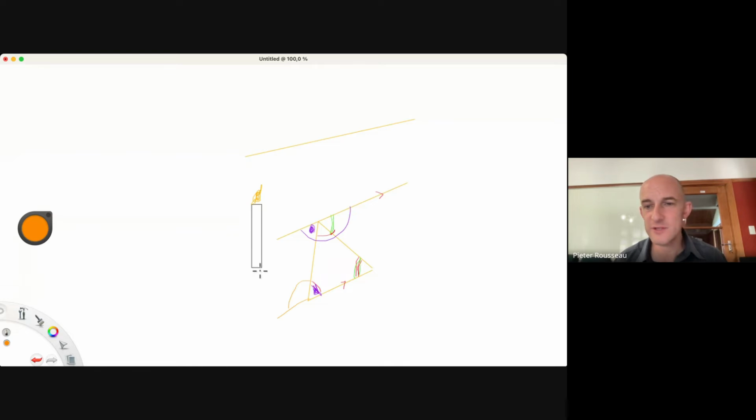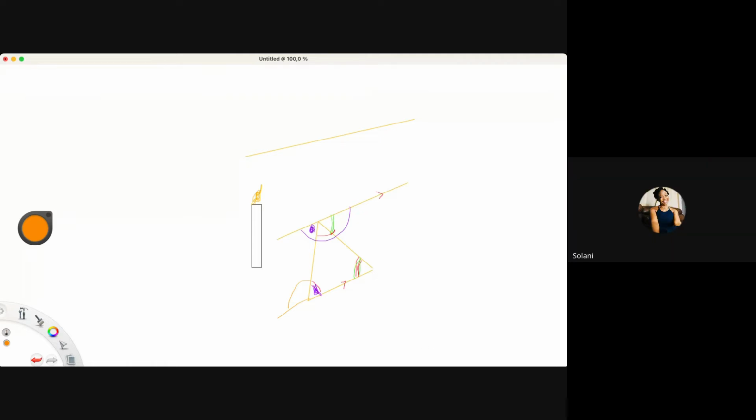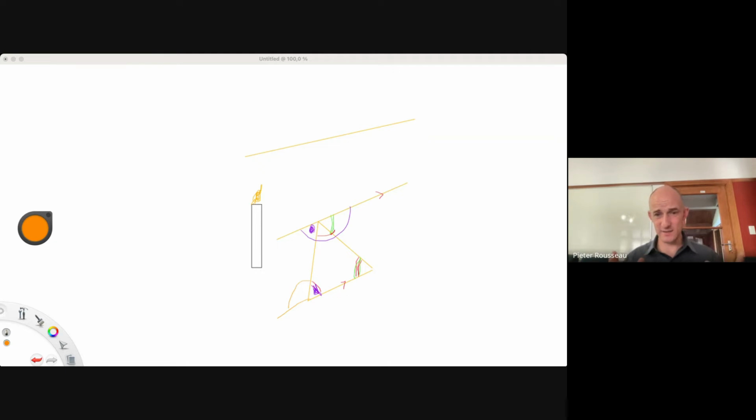What other assumption would you make? It's tough, but I think the candle has to be exactly the same. The same material, same whatever else. Perfect. Excellent answer, Solani. That's exactly it.